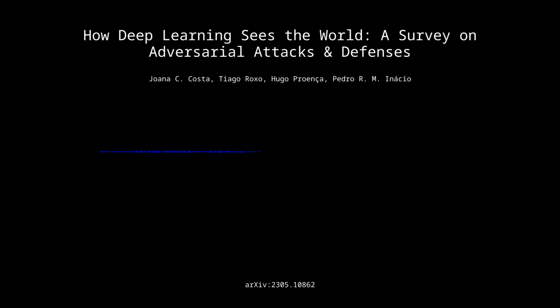Good analogy. And this paper does a great job of taking us through the history of attack methods, showing us how it all evolved. Yeah, we start with that L-BFGS method. That was a big one. It showed just how vulnerable DNNs could be to these tiny perturbations. Right, groundbreaking work. Then you have FGSM, which was a faster, simpler approach.